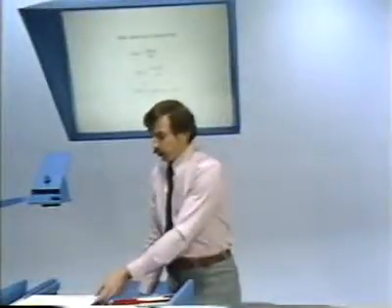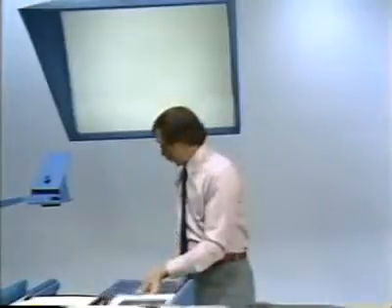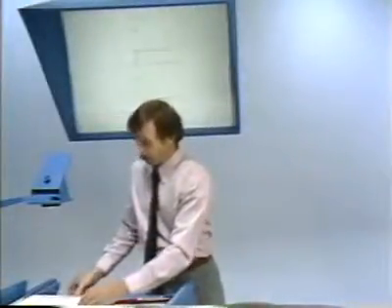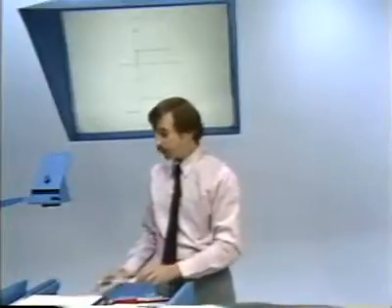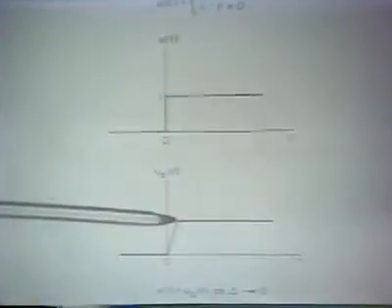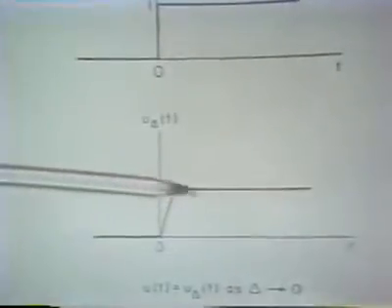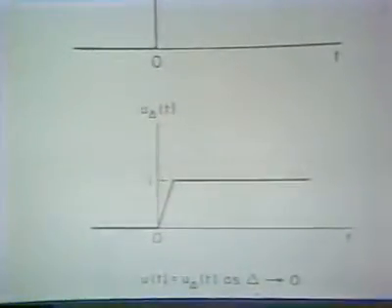Well, let's look at that. If we think about the derivative of u sub delta of t, the derivative, of course, is 0 for t less than 0. It's equal to a constant during this linear slope, and then it's 0 for t greater than delta.